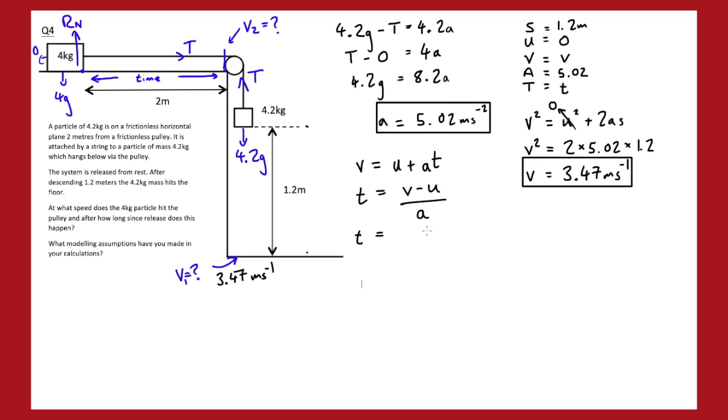So my time is going to be 3.47 minus 0, so 3.47 divided by 5.02. So my time, when I work this out to 2 decimal places, gives me 0.69 seconds. So it takes 0.69 seconds for it to get from stationary here to the ground, which is helpful. But actually what we want to find out is what velocity this 4 kilogram particle hits the pulley at and how long that takes.